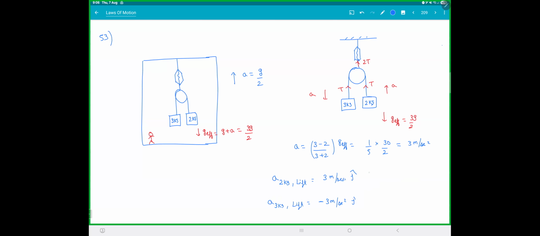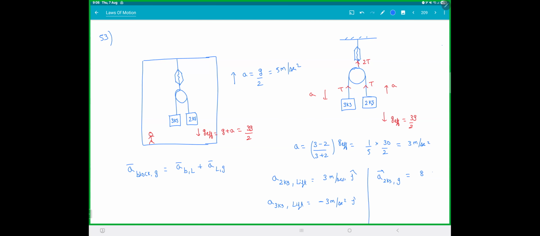But you're asking in the ground frame. You know the formula. Acceleration of the block with respect to the ground is acceleration of the block with respect to the lift plus acceleration of the lift with respect to the ground. You just need to add the lift acceleration to this. So for the 2 kg with respect to the ground, the lift is going up with 5 meter per second square, so just add plus 5 to both of them.